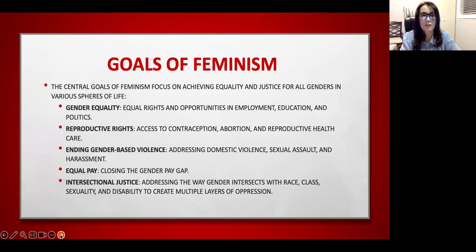It focuses on equal rights and opportunities in employment, education, and politics, which was a huge deal at the time, and even today, we don't have enough women in politics. We don't have enough women in leadership, for example.